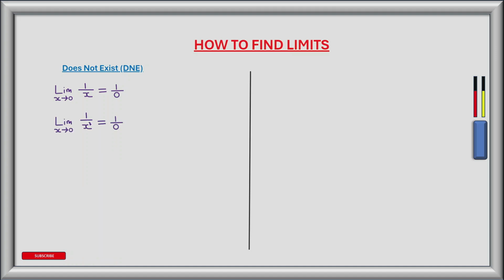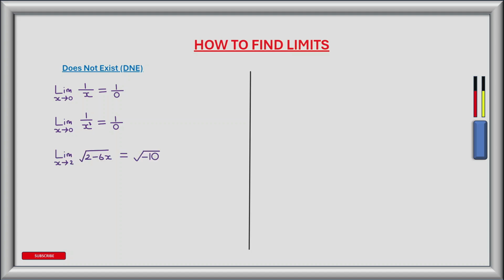If we look at a similar example, where we try and find the limit as x tends to 0 of 1 divided by x cubed, we see if we substitute the value of 0 in for x, we again get 1 divided by 0, which again is undefined, and we cannot simplify this expression any further in order to find the limit.